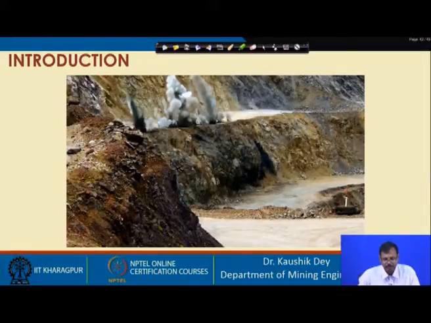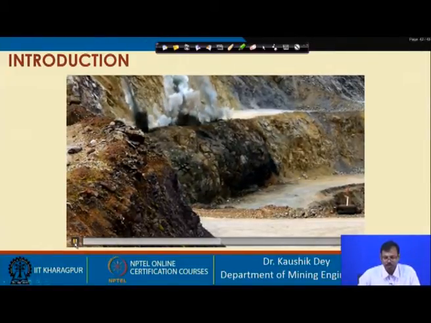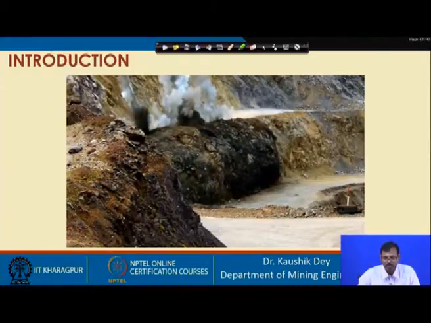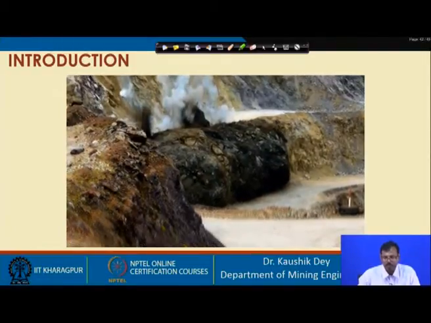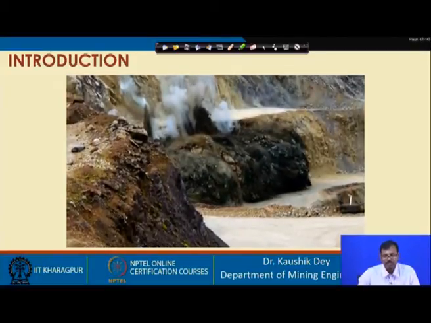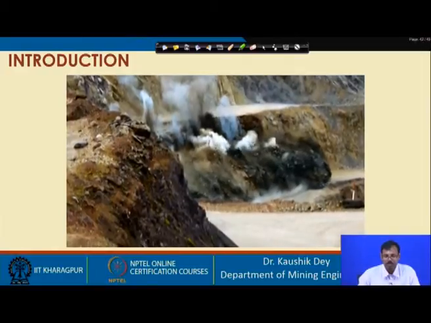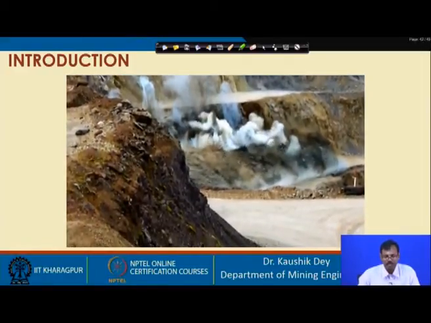You can see the fragmented rocks are of very good fragmentation, smaller size fragmented rocks, and the throw is also very good. There is no fly rock generated from the blast, or fugitive particle going out of the blast. So, the overall performance of this blast may be considered as a good blast.